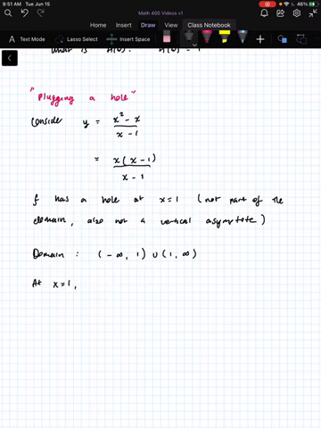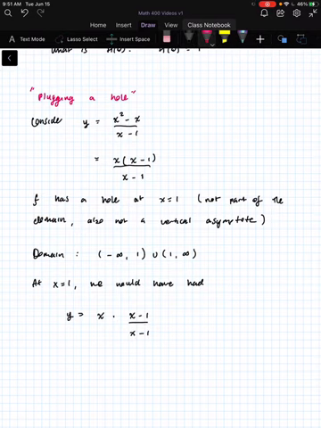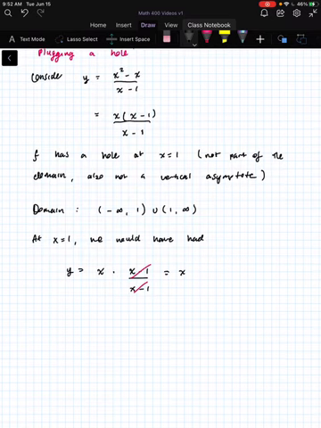But at x equals 1, what would have been the value, right? We would have had y equals x times x minus 1 over x minus 1. And if we can assume that we just cancel those, that's just x, right?